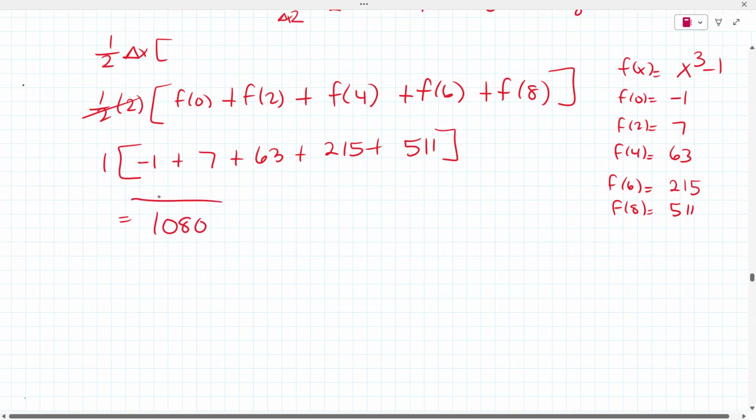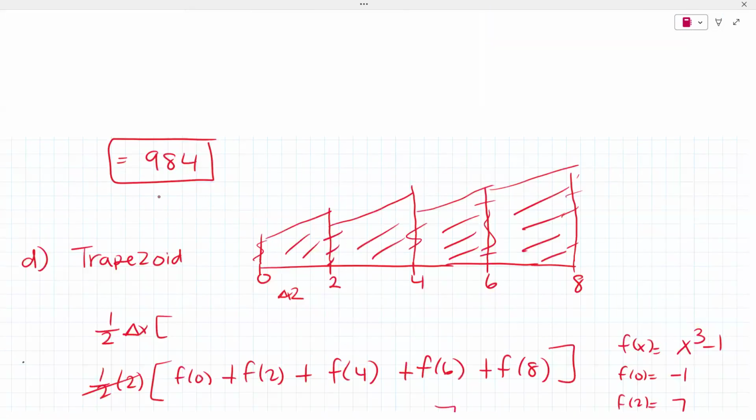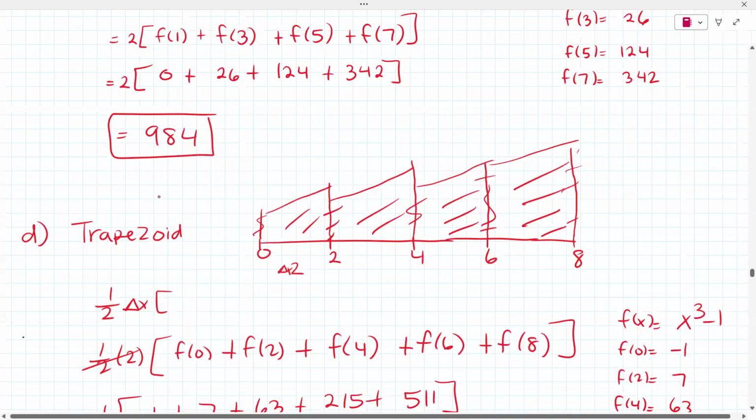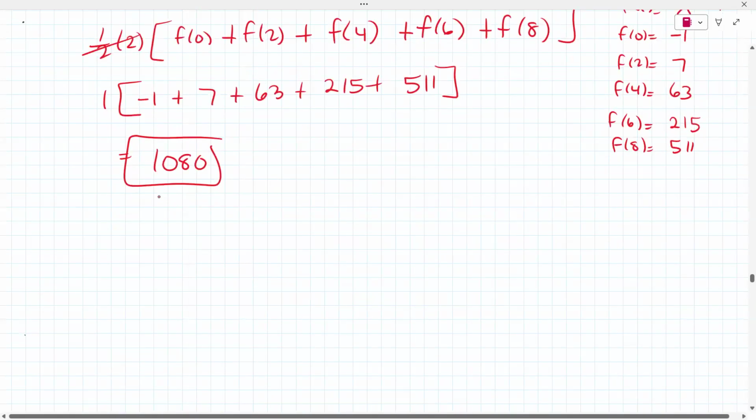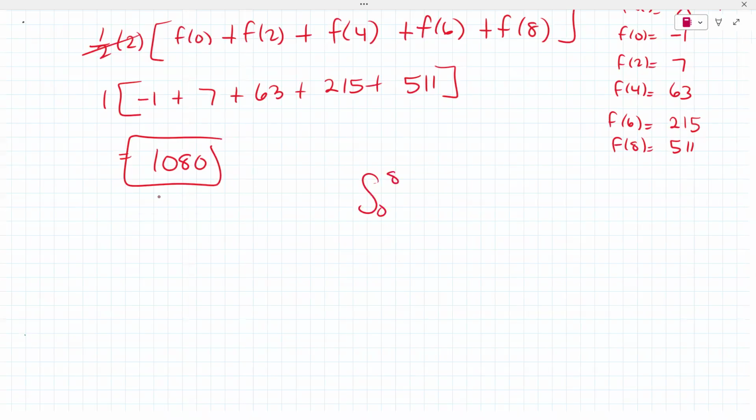So if you're curious about how accurate the trapezoid method is, later on you could actually find the exact value. So if you take the integral from 0 to 8 of x cubed minus 1 dx, if you do all the work, or if you put this in the calculator, you get an exact value of 1016.